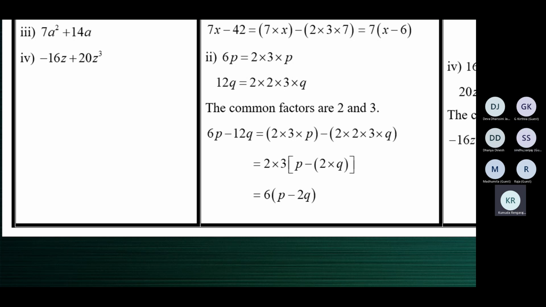Yeah, it's right. What about Danya? Is that correct, Danya? Yes, ma'am, 7a whole bracket a plus 2. A plus 2, yeah. I don't know why you've written 2 plus a, but that's correct. It's the same.